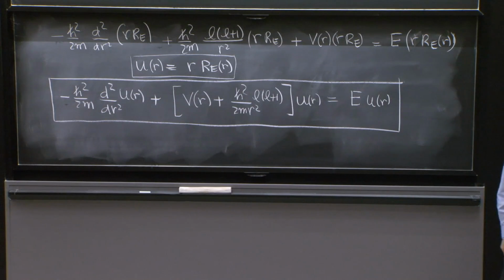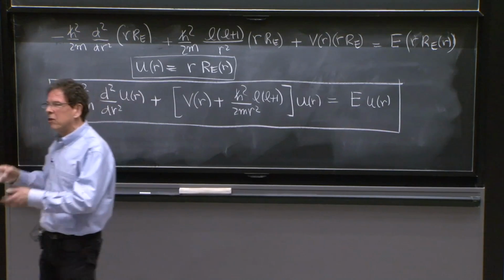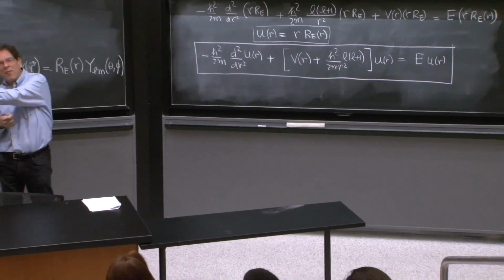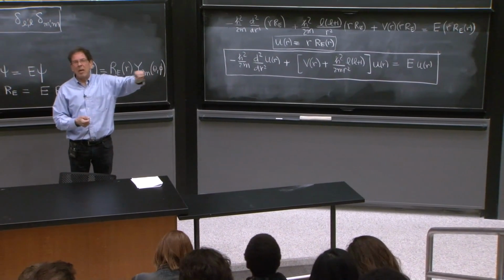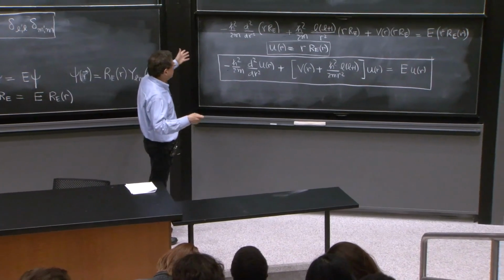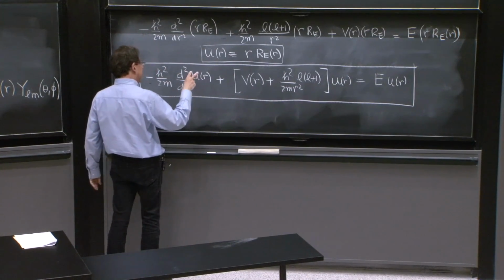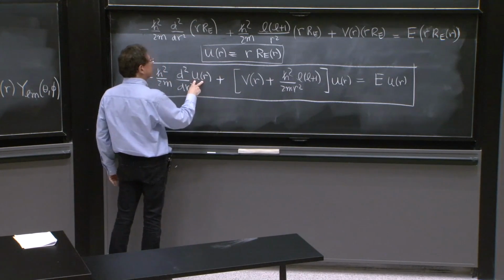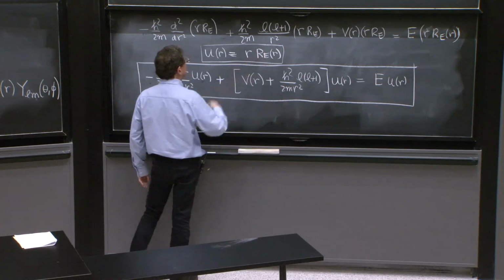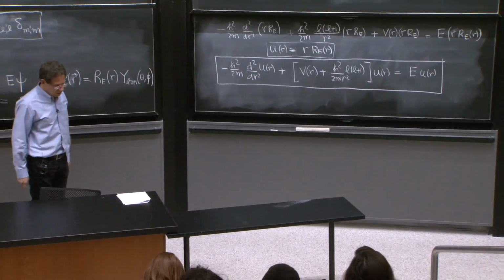Here it is. It's just the nice form of a one-dimensional Schrodinger equation. The radial equation for the wave function dependence along r has become a one-dimensional particle in a potential in which you should remember two things: that this u is not quite the full radial dependence. The radial dependence is R_E, which is u over r. But this equation is just very nice.